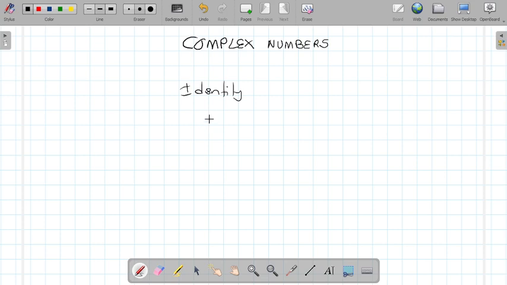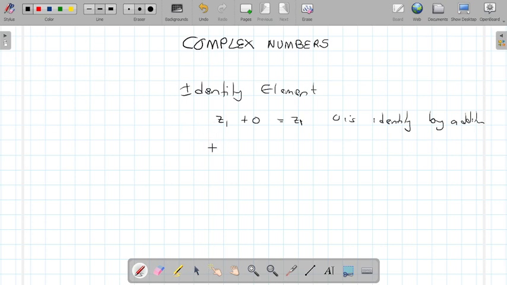Here we have to distinguish between the identity element with respect to addition and with respect to multiplication. With respect to addition, this is evident: Z1 plus 0 is going to give us Z1. Therefore, 0 is the identity by addition.